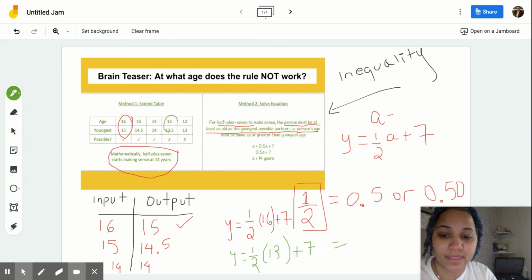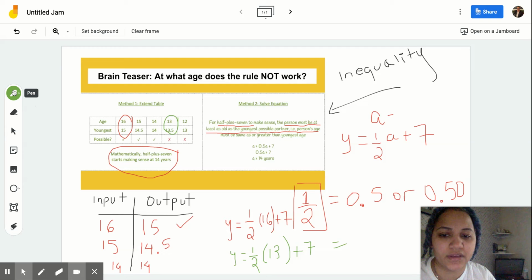So now look what happens. The youngest person that I can technically date is 13.5, and that doesn't really work because now this person is older than me if I was the older one. So that doesn't work, which is why we have this x here.